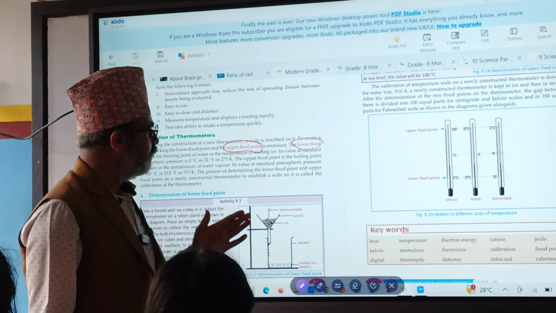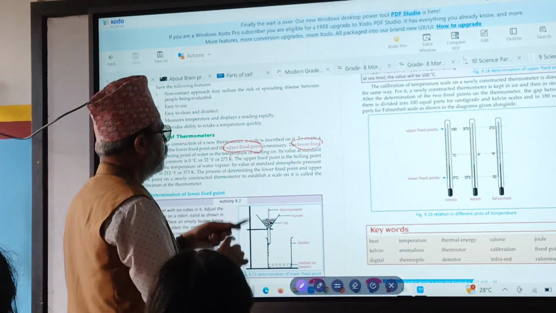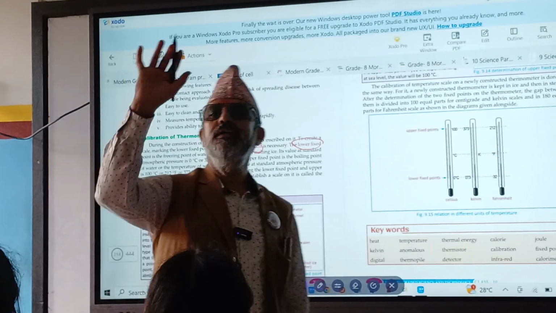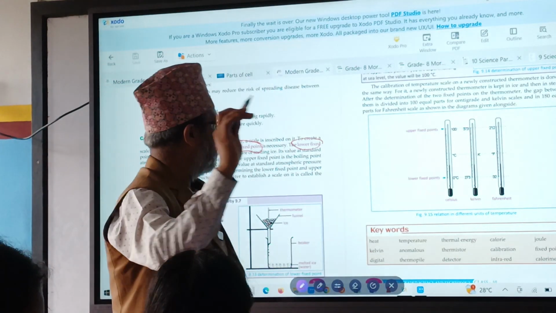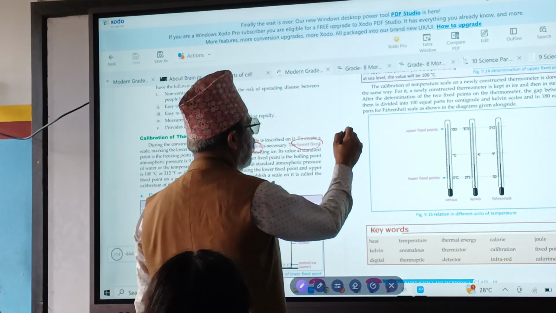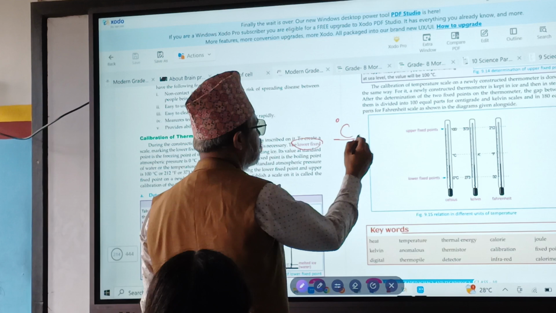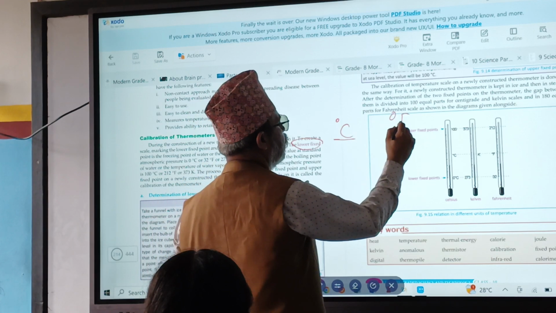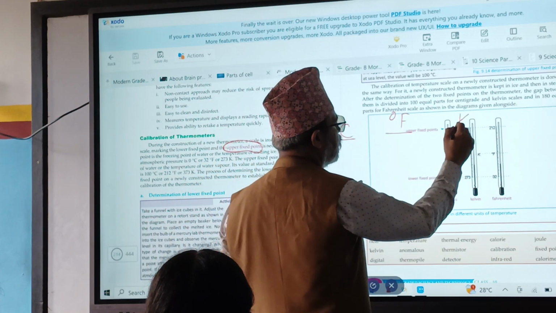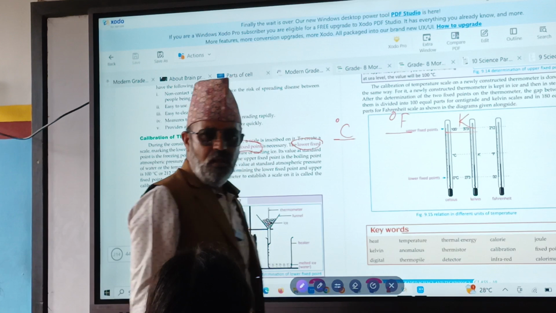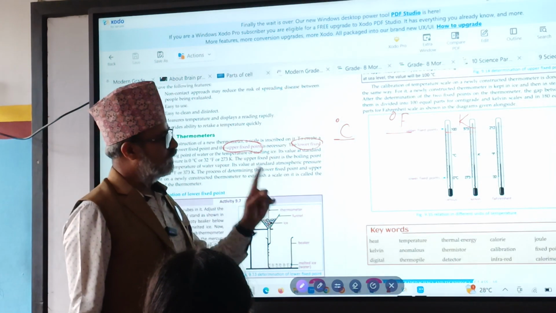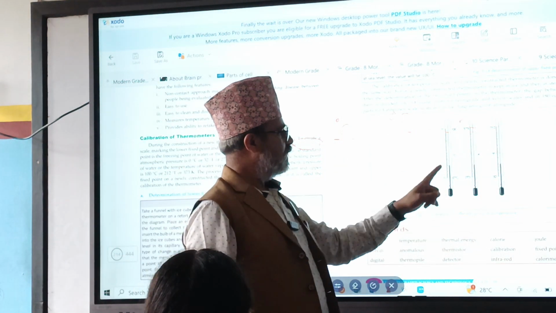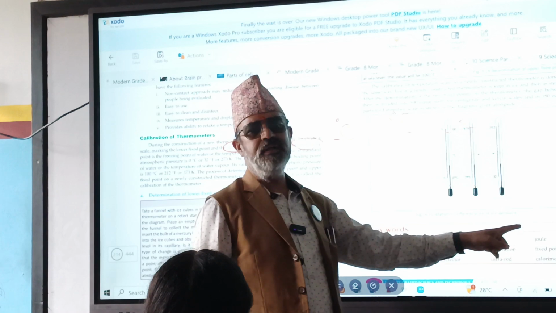What is the boiling point of water? 100 degrees centigrade. But actually there are different scales. How many scales are there? Three. One is degree Celsius, another is degree Fahrenheit, another is Kelvin. Already given here, right?